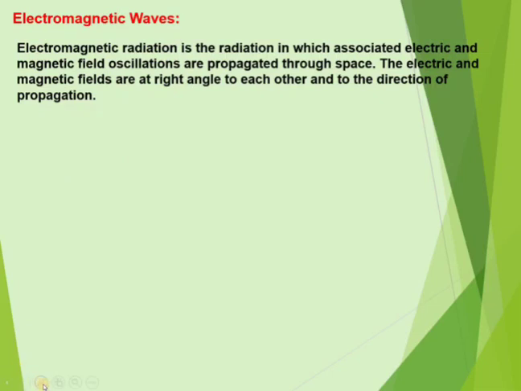An accelerated charge produces an electric field, which is changing, which produces the magnetic field. So a wave is produced through the space in the coupled form of electric and magnetic field, in such a way that electric and magnetic field are perpendicular to the direction of propagation. So the wave is called electromagnetic wave.